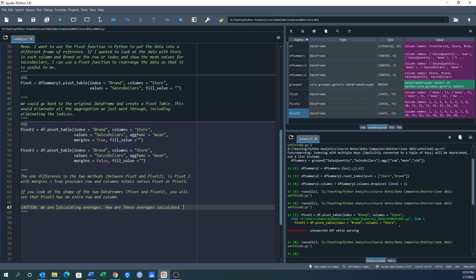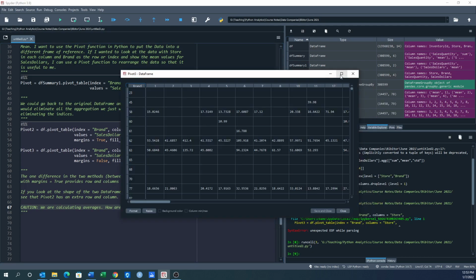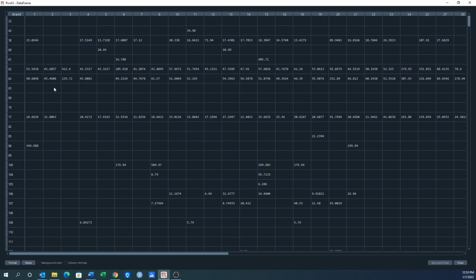So if I bring up pivot 3, and I look at averages of store 1 and brand 58, this is the mean sales. What does that relate to?